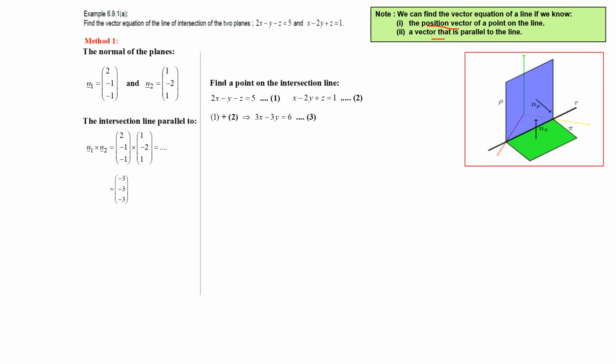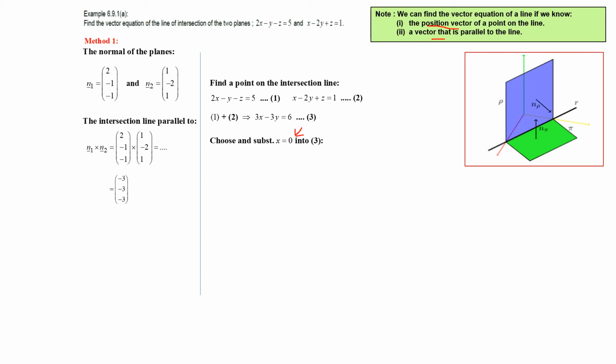So now, how to find that point? What we do is we choose a coordinate, let's say x equal to 0. You can choose any value, remember, not necessarily 0. You can use 1, 2, 3.